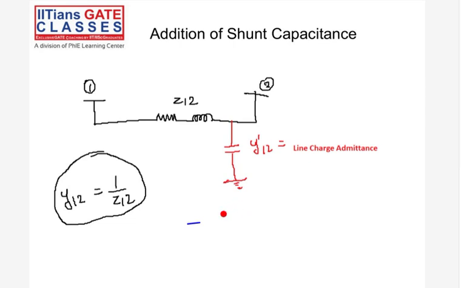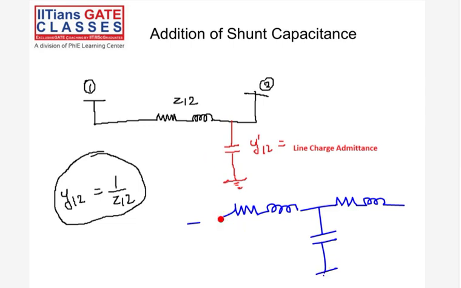Yes, okay, that's fine. So if you're looking for a T model, what we'll do is split the series element into two, and we will put the shunt element in the middle.